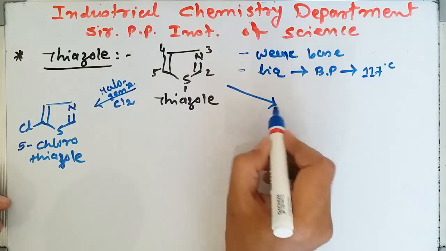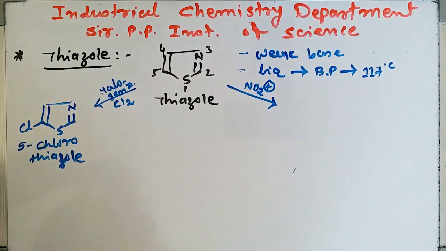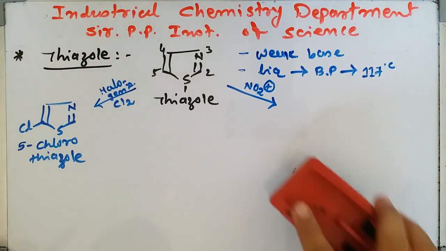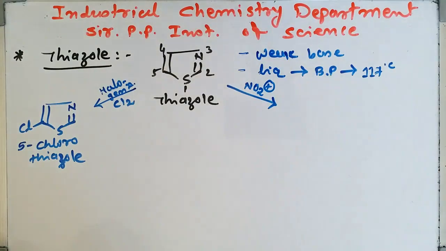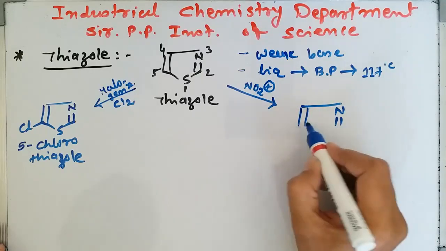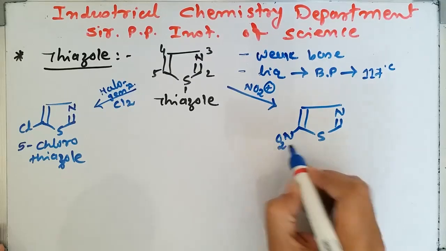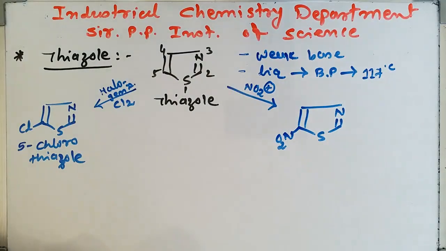If nitration takes place with a nitrating mixture of nitric acid and sulfuric acid in the proportion of 1:3, the nitro group is introduced at position 5 and we get 5-nitrothiazole.